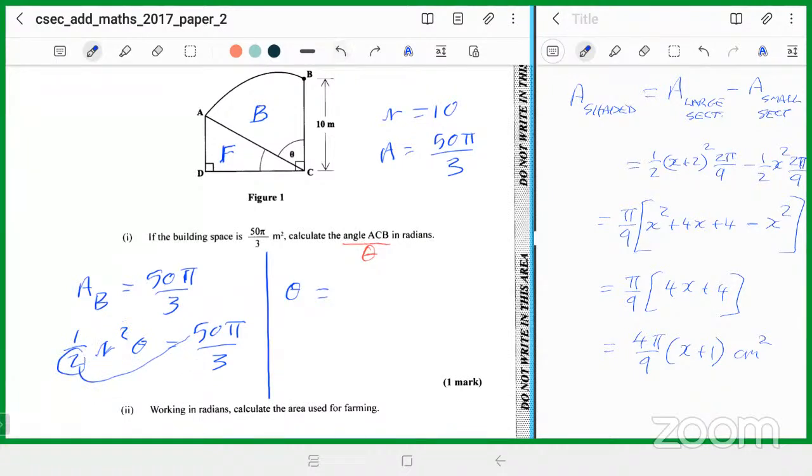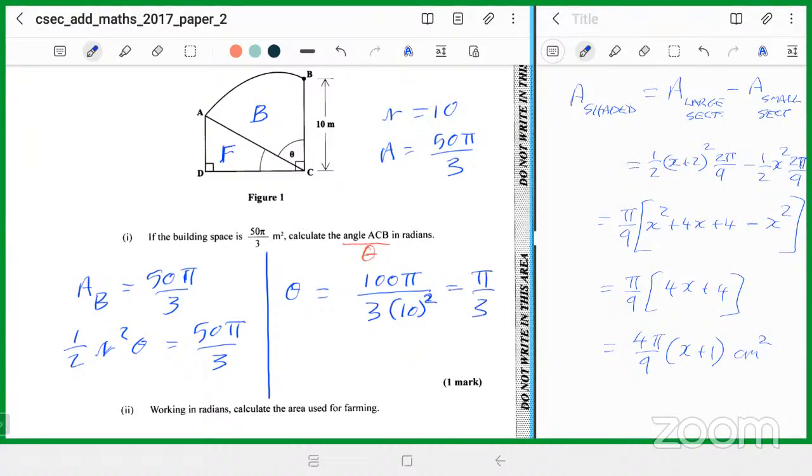When I multiply up the 2, I'm going to get 100 pi divided by 3 times r squared. And r squared becomes 10 squared. But you can see that? Yes, sir. And so this becomes pi by 3.